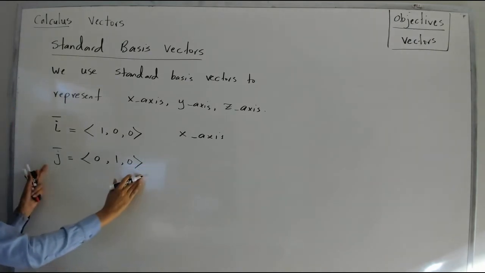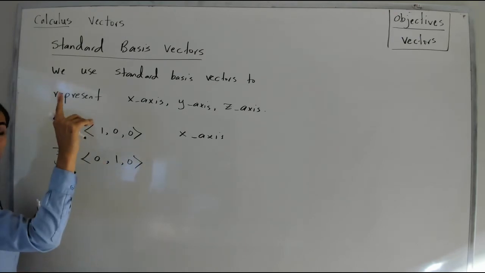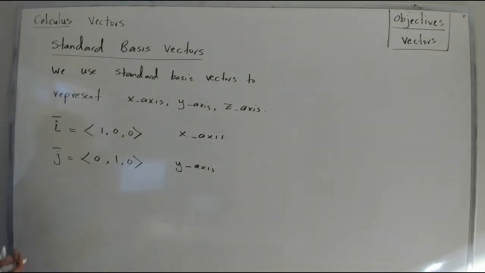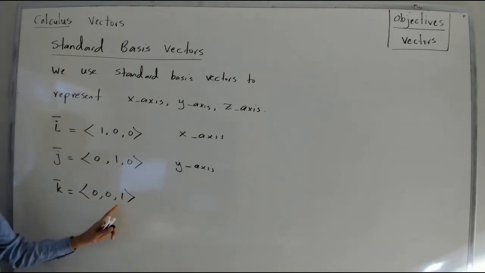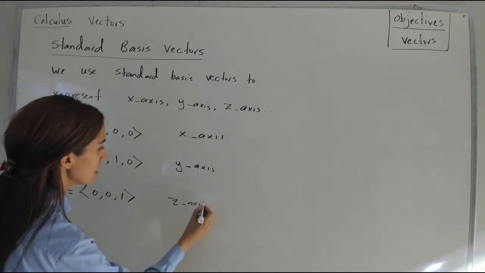So the second vector j, which has the second component equal to 1, represents the y-axis. And finally, for the z-axis, we're going to use k, which is 0, 0, and 1. The only component which is non-zero is the last component, and it is 1. So it represents the z-axis.